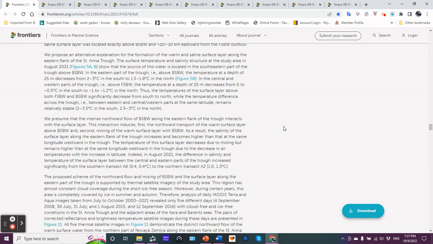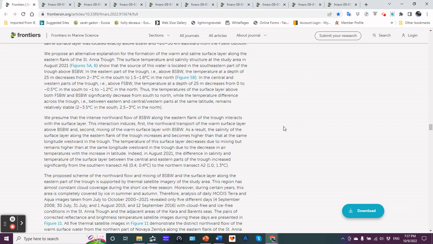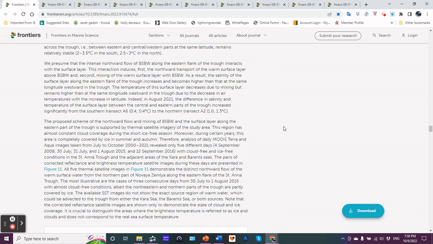We presume that the intense northward flow of BSBW along the eastern flank of the trough interacts with the surface layer. This interaction induces first, northward transport of the warm surface layer above the BSBW, so basically just grabbing it and moving it along, and second, mixing of the warm surface layer with the BSBW.